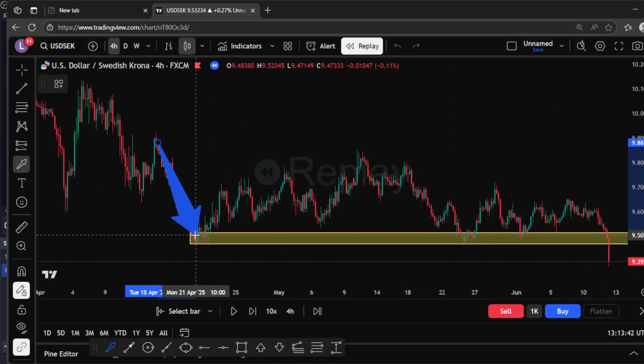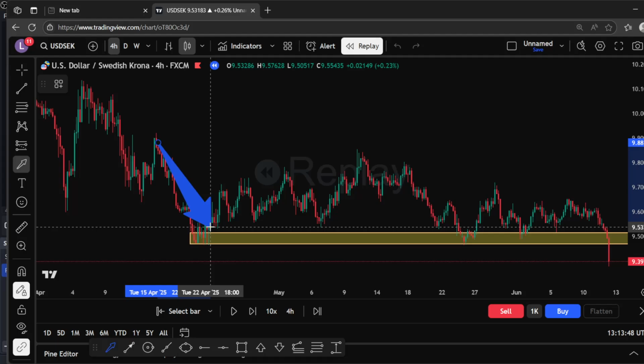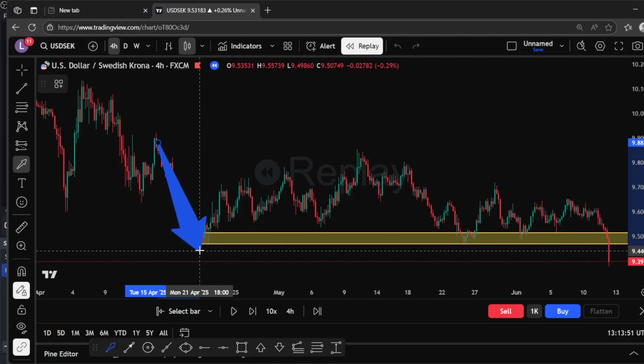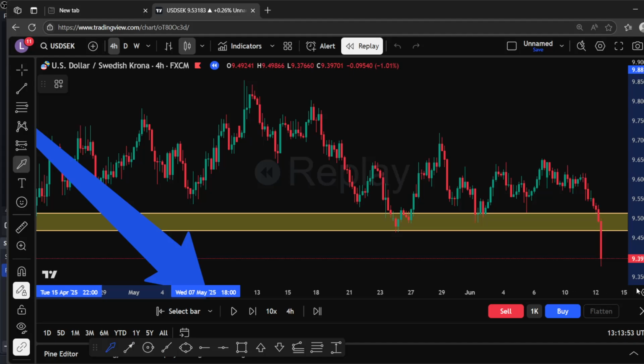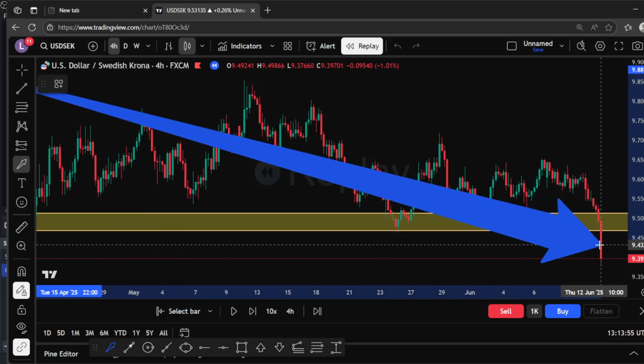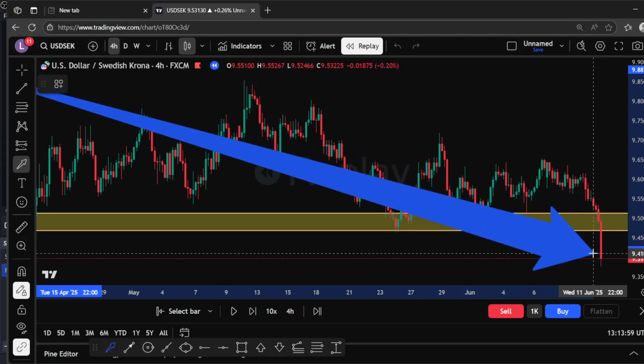Since 21st of April 2025, we have not had a close below the level, not until 12th of June 2025. So 2 months later, we had this break and close.